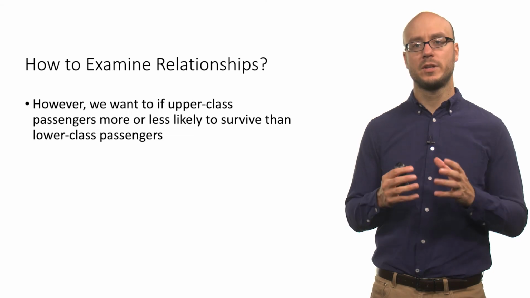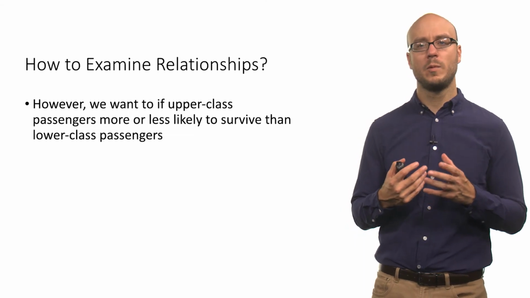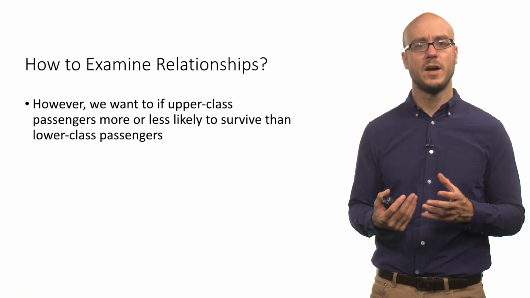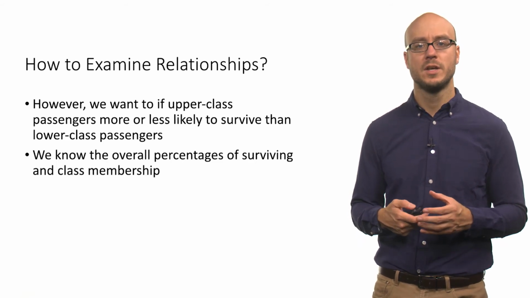Right? Now, from this basic contingency table of proportions and percentages, people often want to ask about relationships between these two categorical variables. In particular, you might ask, are upper class passengers more or less likely to survive than lower class passengers?